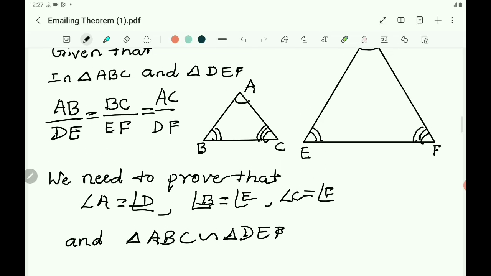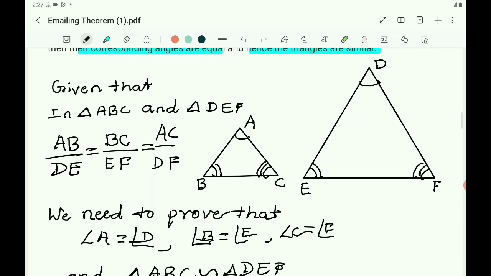Then to prove this, there is a necessity of construction. Extra construction is required. What is the construction that you have to do here?